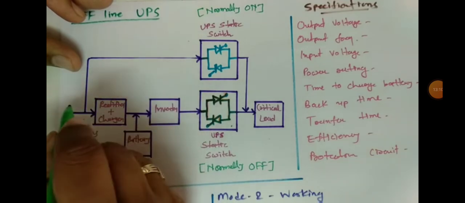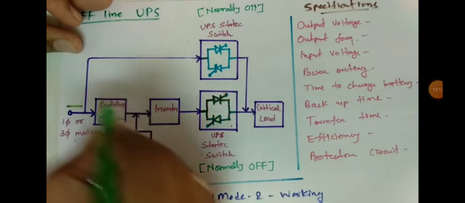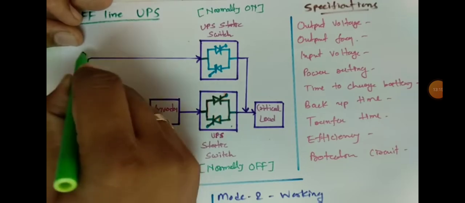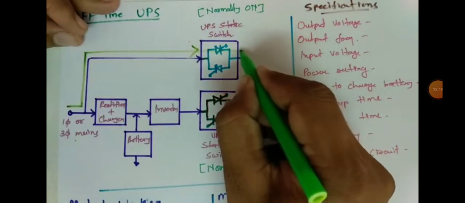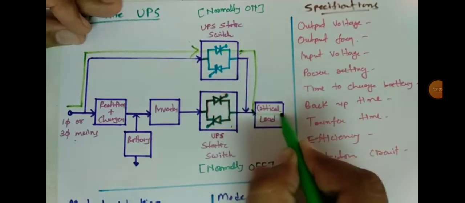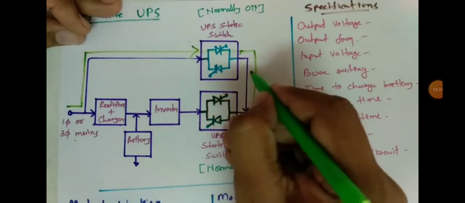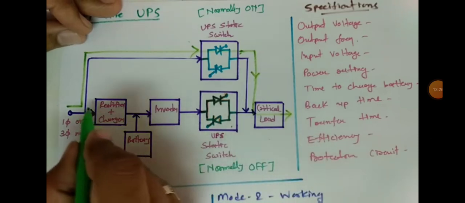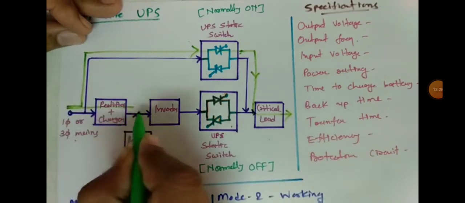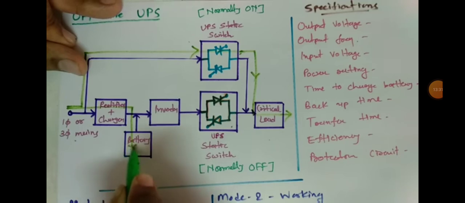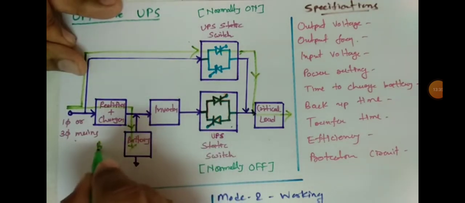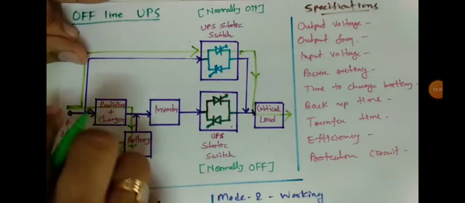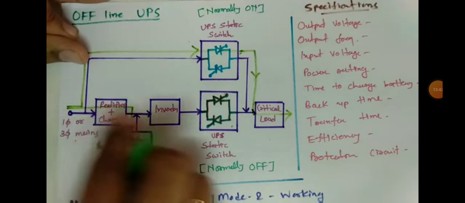So what will happen is this signal will go through the normally on switch and it will be delivering signal to the load, and at the same time this input will be going to charge the battery.